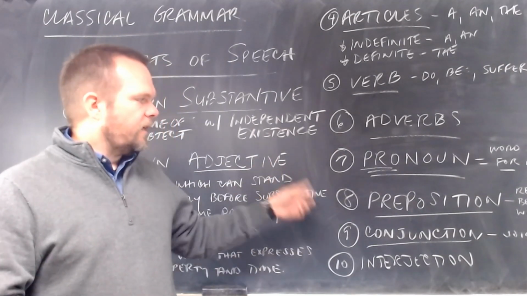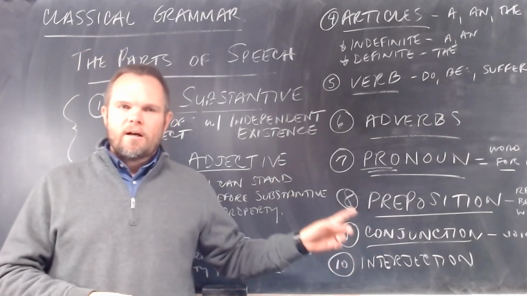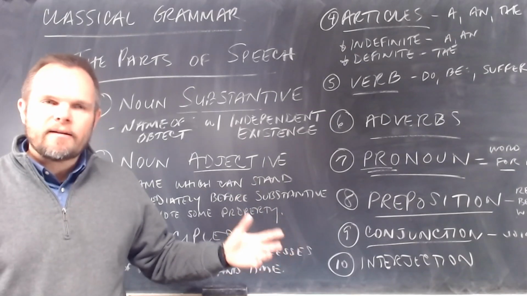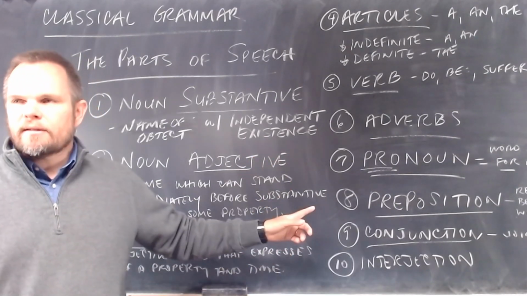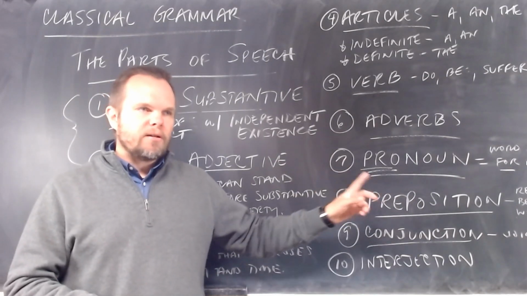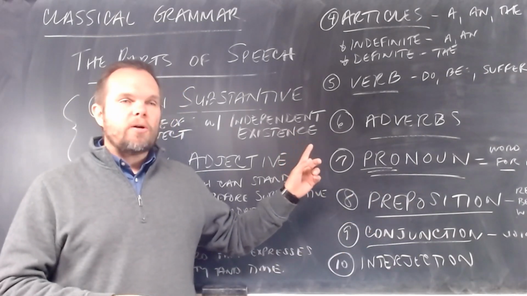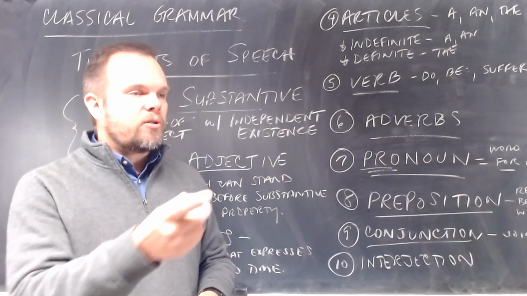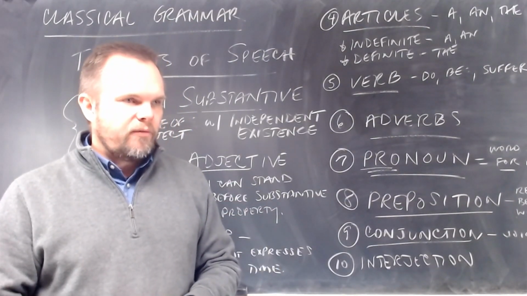So study the names of the 10 parts of speech. Just because you learned them in Latin isn't good enough because they're different in English. Study the names of the 10 parts of speech in English. Make sure you know the description for each of the parts of speech, and make sure that you can give examples of the parts of speech.